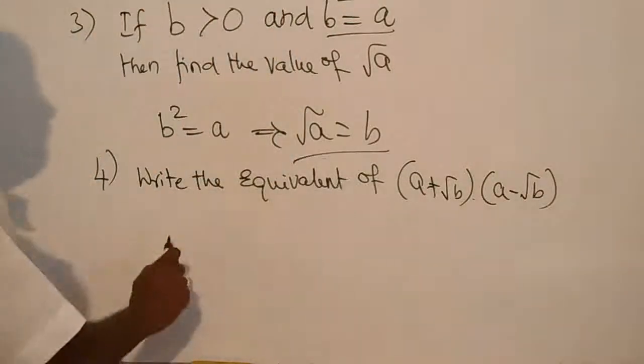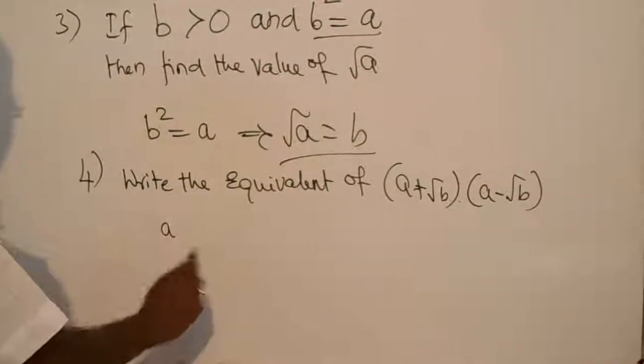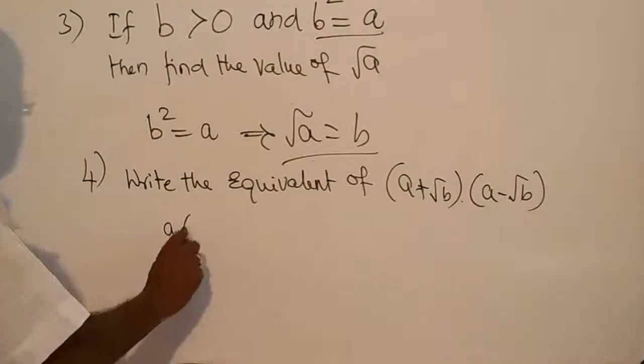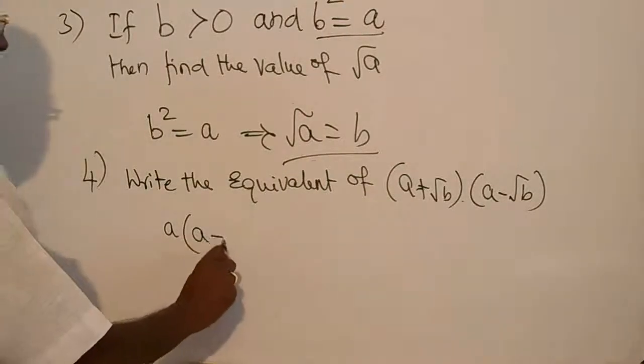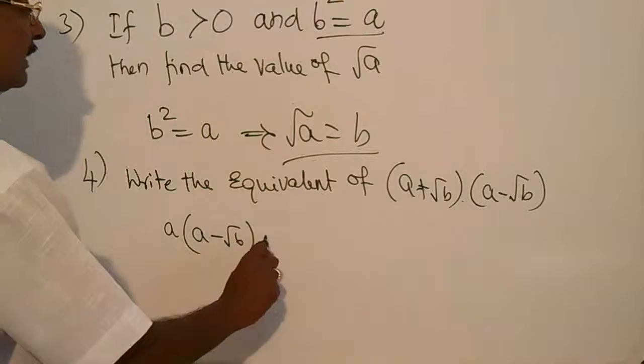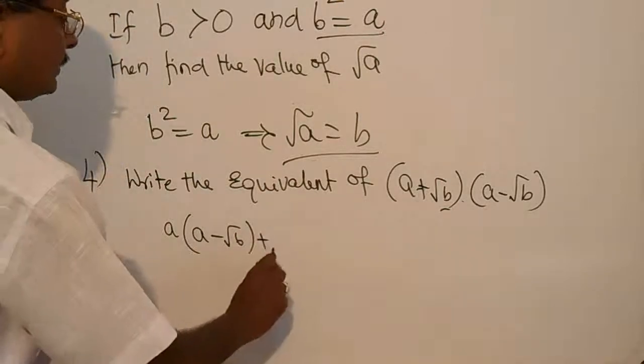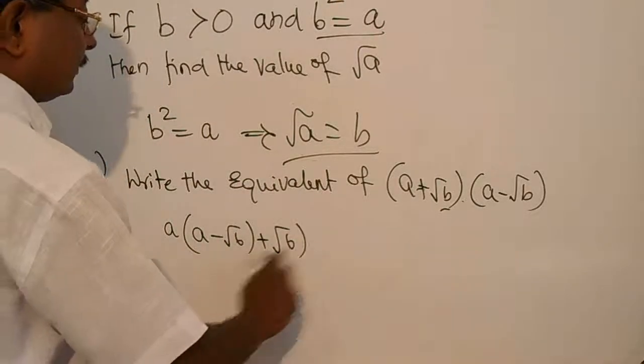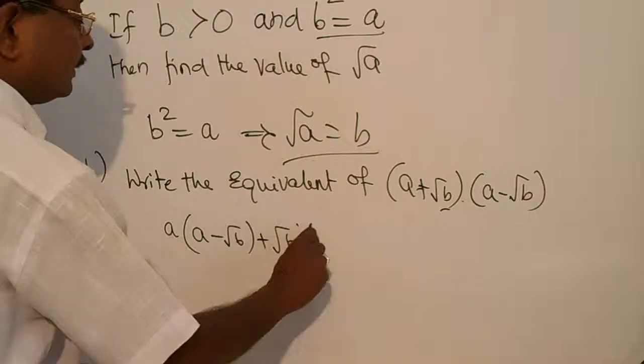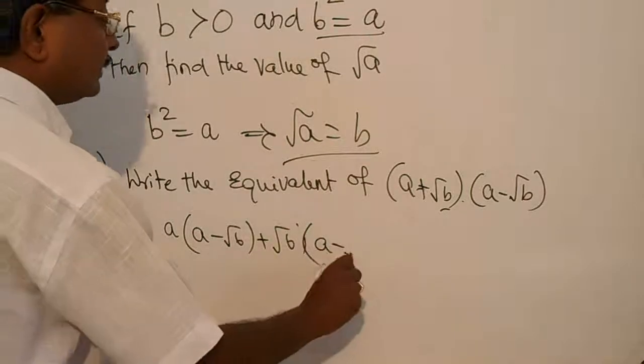I will simplify: I take out the first a into a minus root b, next plus root b into the bracket a minus root b.